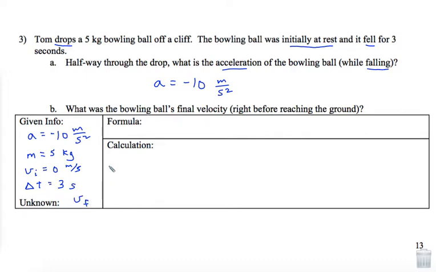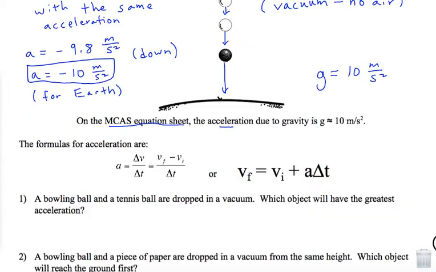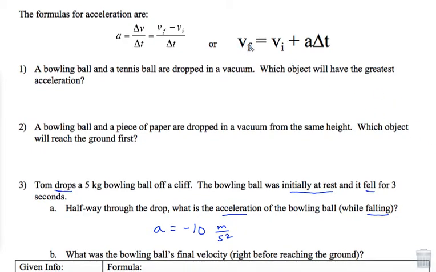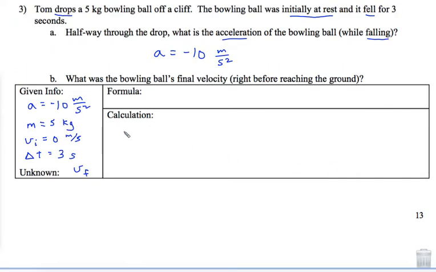So then we look at our MCAS equation sheet. We look for an equation that has VF in it. I've got two listed up here, and both of these have VF in them. Let's look at this one because it says VF equals VI plus A delta t. Do we have VI? We do.